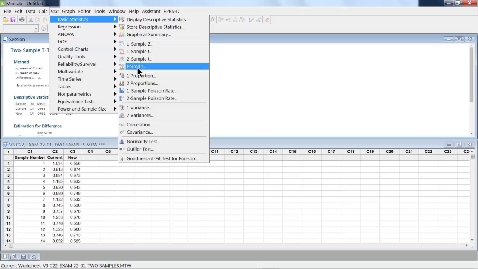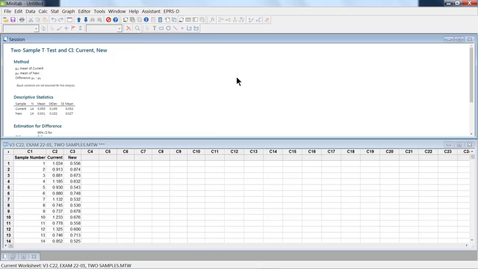Those are actually paired physically because each of those samples went through the two different measurement systems. That's another way you can use this particular function, but that's called a paired t-test.